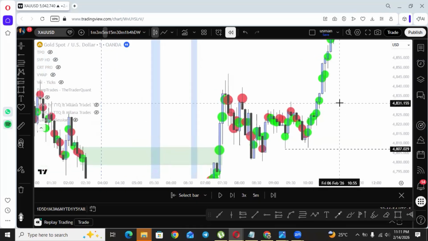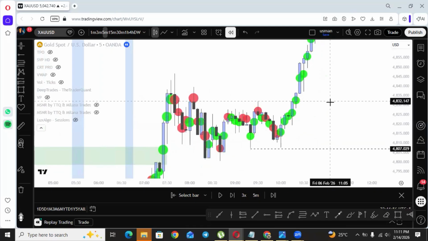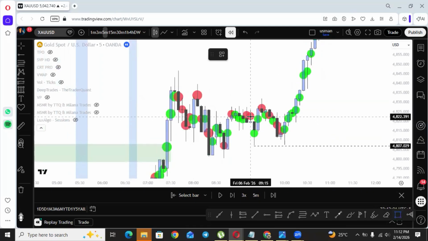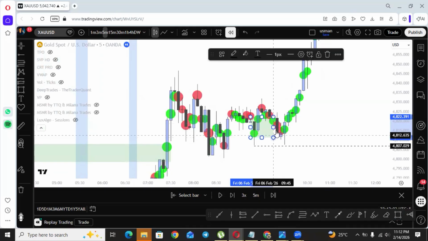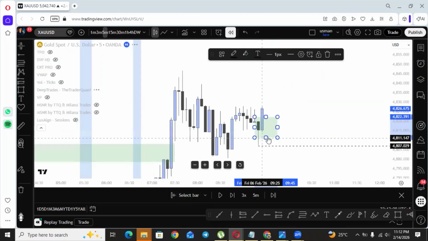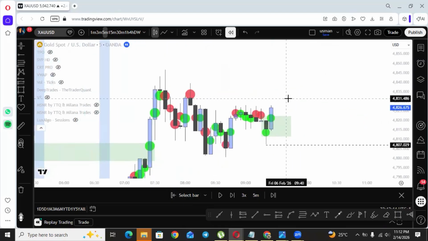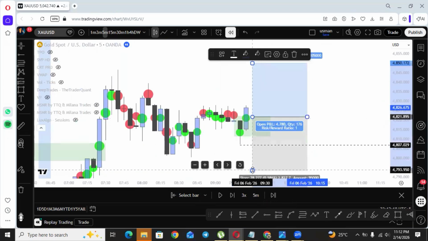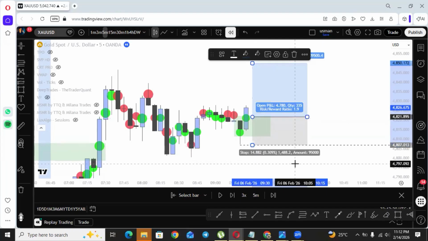Otherwise, when the absorption happens, before you enter after the absorption, this will be your area of interest where absorption has happened, and you can enter a buy trade like this.